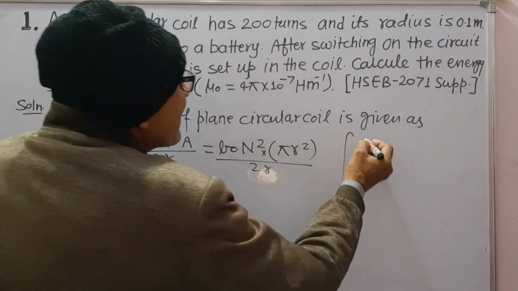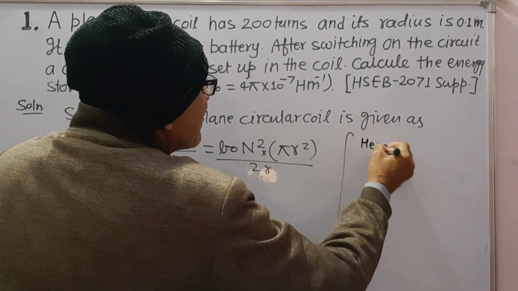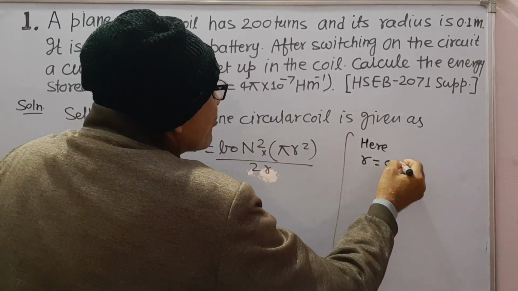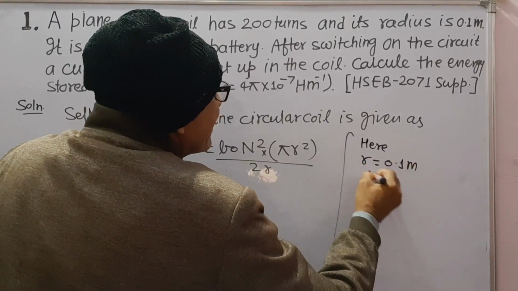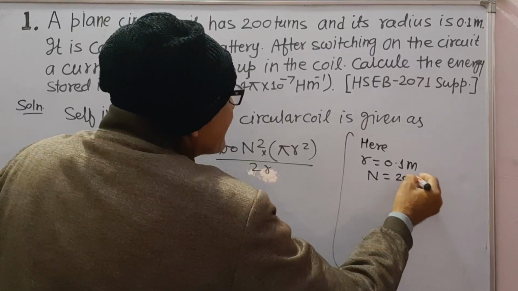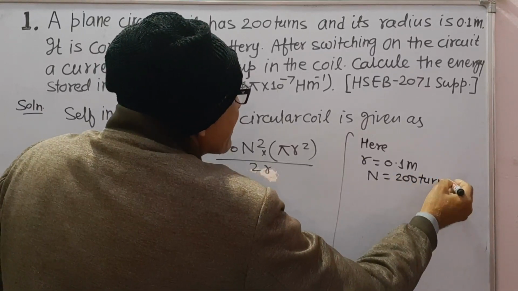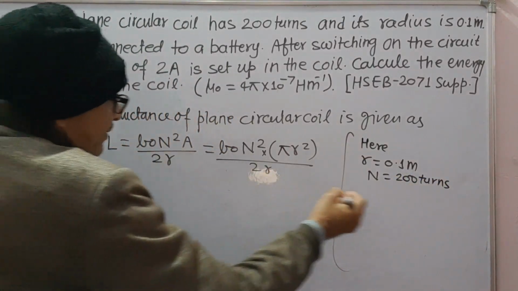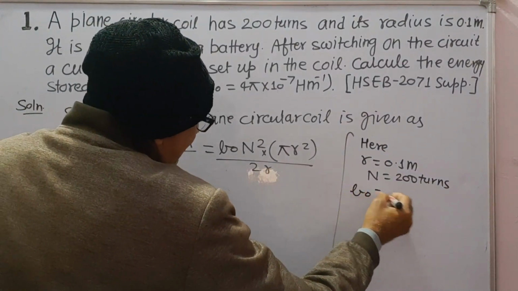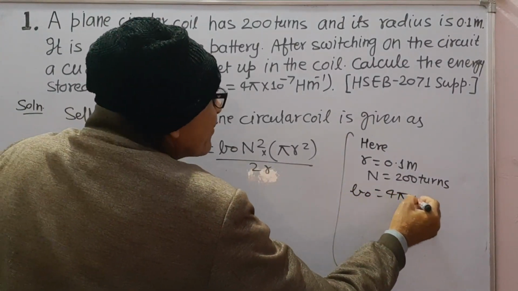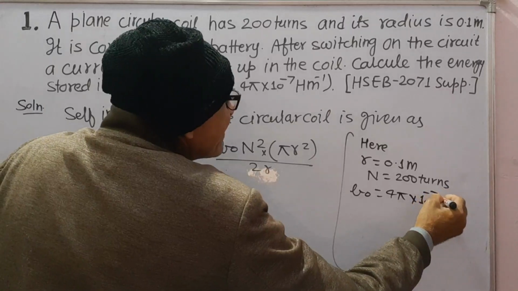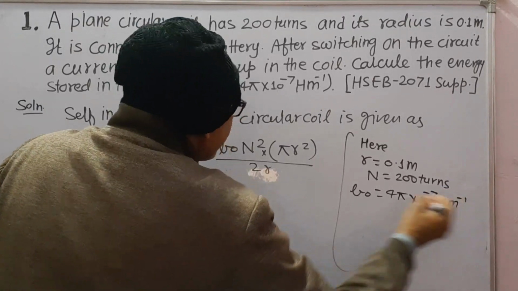Here R is 0.1 meter, N is 200 turns, mu naught is 4 pi into 10 to minus 7 Henry per meter.